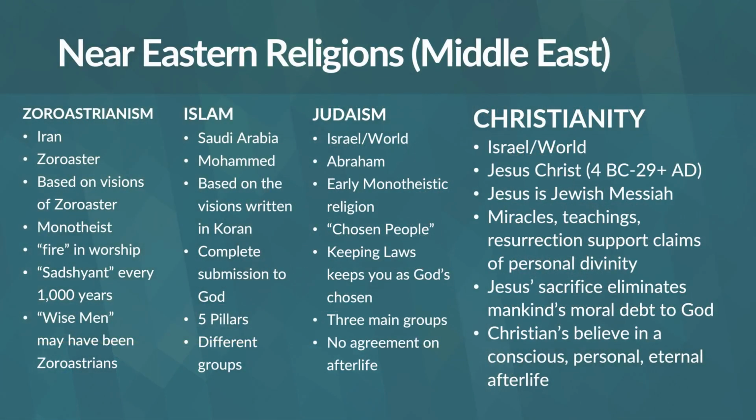The founder of Christianity, Jesus Christ, lived 4 BC to approximately 29 AD. Main ideas of Christianity: Jesus Christ is the promised Messiah or Savior of the Jewish religion. He is the embodiment of God in human form, and thus His teachings and commands have divine authority. He performed public miracles.